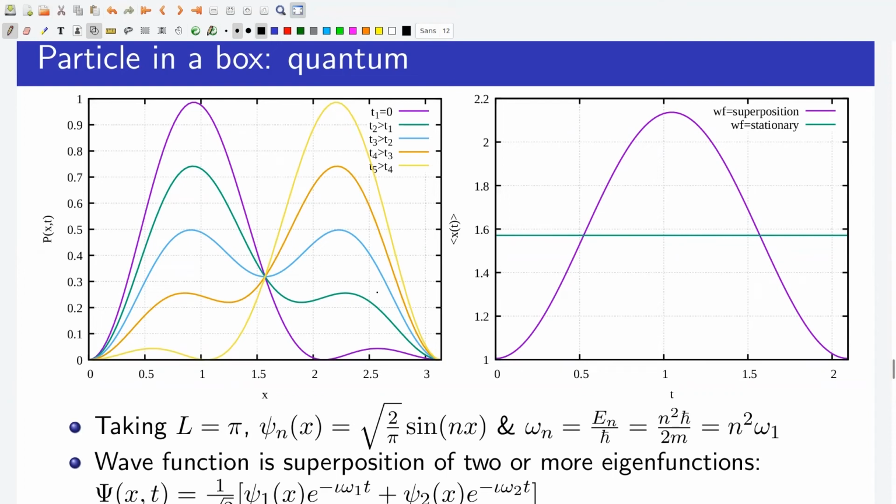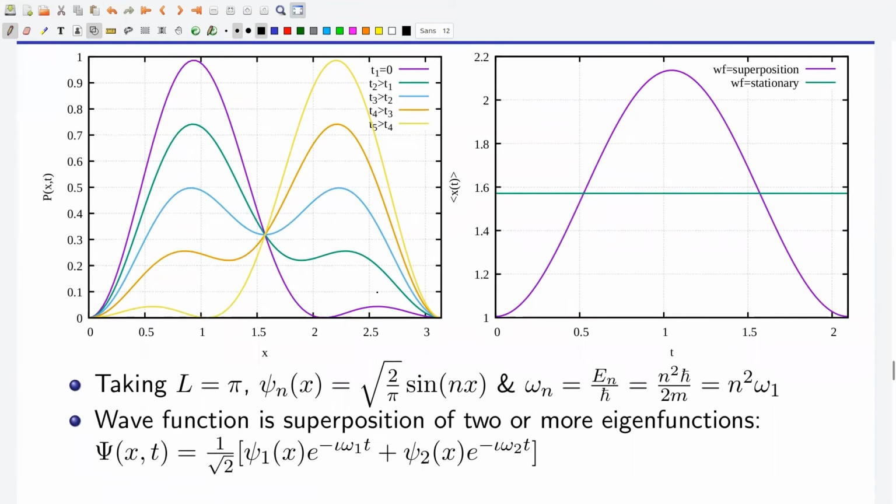Now we solve for quantum particle in a box. Just to simplify some algebra, we will take the box length to be equal to pi, such that the eigenfunctions look like this, and we define omega n as E n by h cross, and that turns out to be equal to this. Instead of the stationary state, we take some wave function which is a superposition of two or more eigenfunctions.